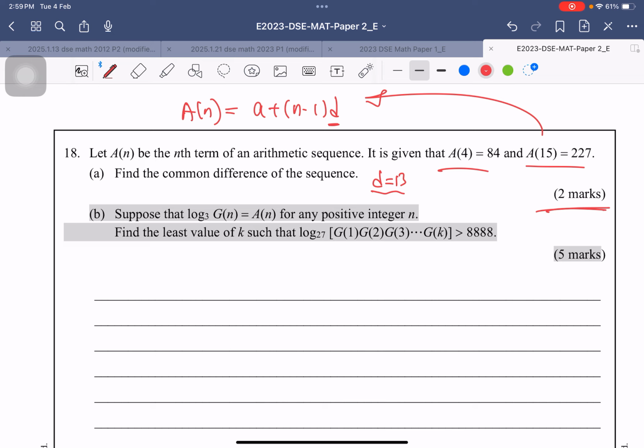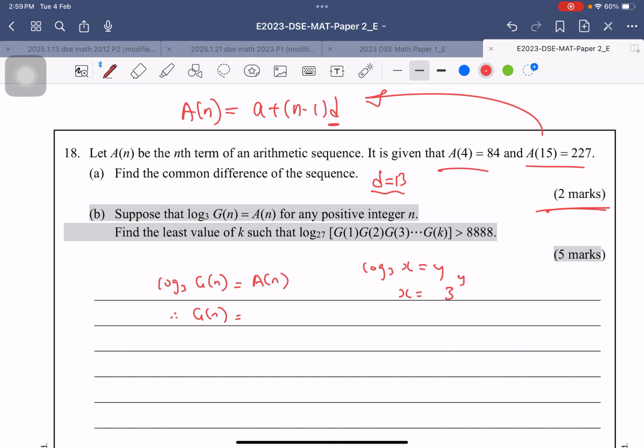Okay, so we define log base 3 of g_n is equal to a_n. So that g_n is equal to what? If you don't want the log, then what are you going to say? Log base 3 of x is equal to y, then x is equal to 3 to the power of y.